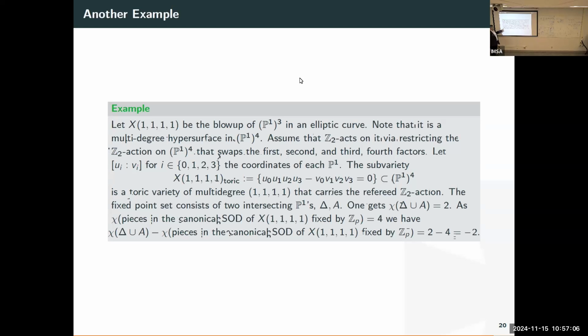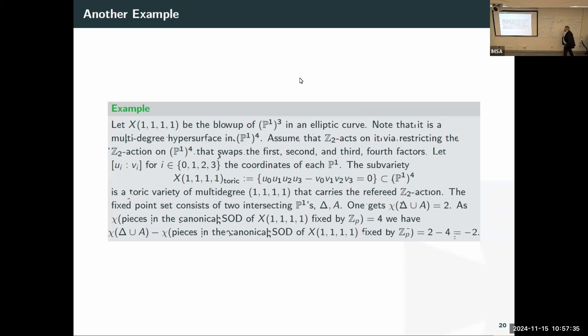So the fixed point sets, in this case, are just two rational curves, delta and A, which intersect in 2 points. So that has Euler characteristic 4. And then the Euler characteristic of the fixed point sets is, what is it? 4.